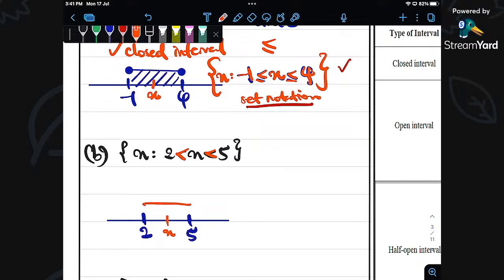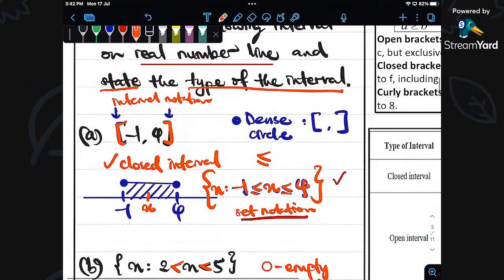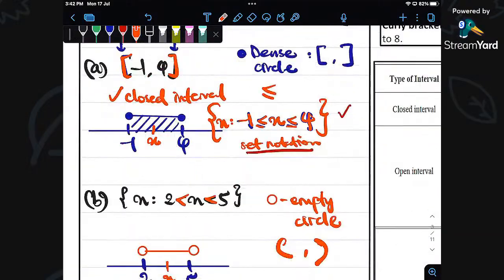So the number line is just here, where both of them are empty circles. So this is called an empty circle. Let us get used to these names; I will say them as much as possible, and you should also say them as much as possible. An empty circle means open. Its interval is open like that.